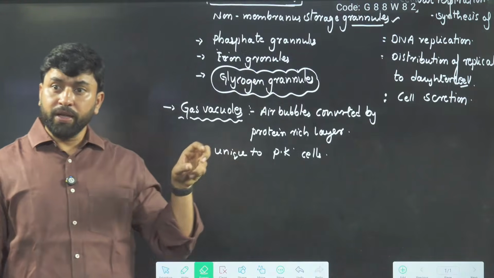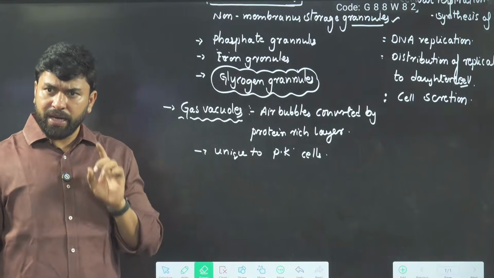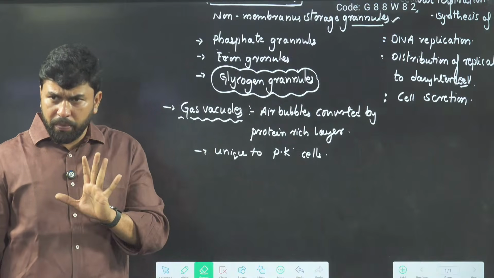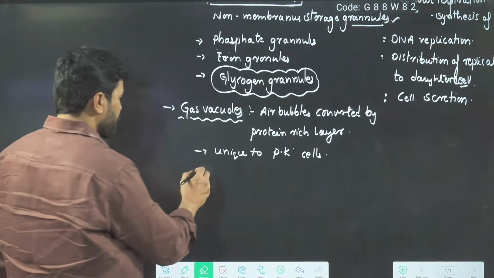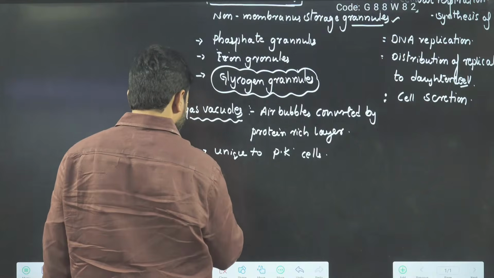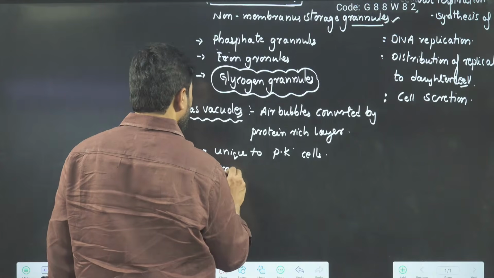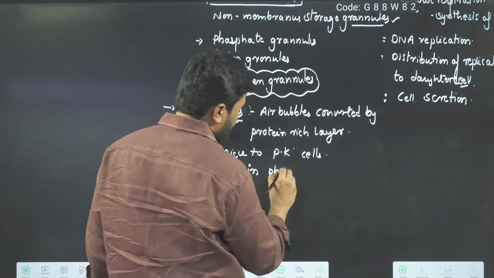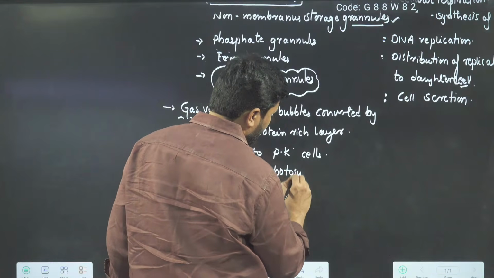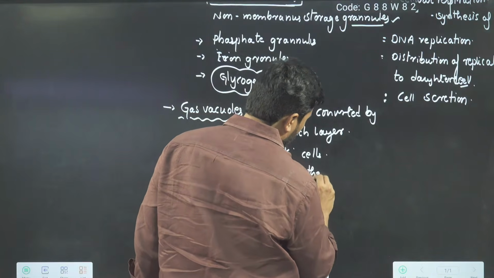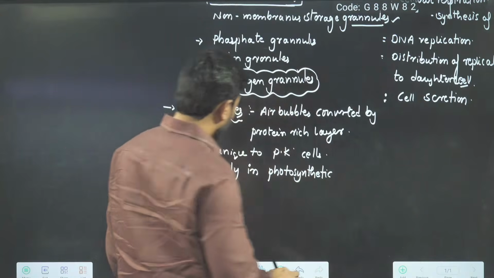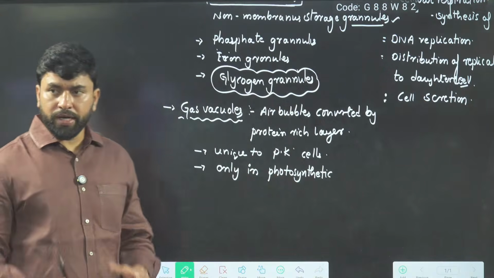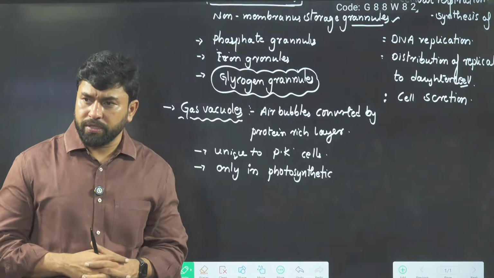Now, prokaryotic cells will have gas vacuole. They are unique to prokaryotic cells. Not all prokaryotic cells, only photosynthetic prokaryotic cells.